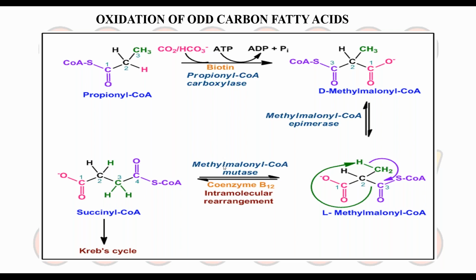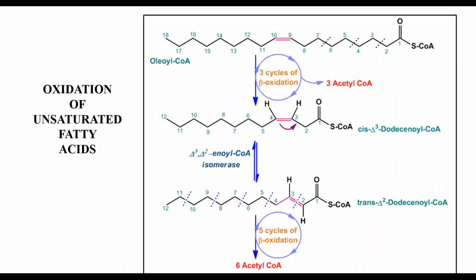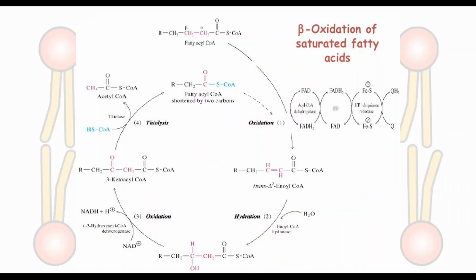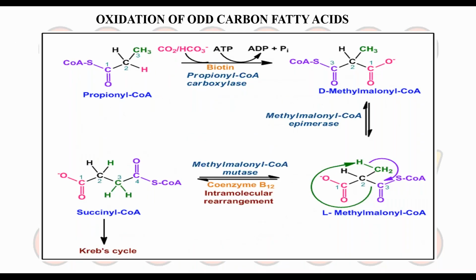This succinyl CoA now can enter the Krebs cycle to give you energy. So like in the beta oxidation of saturated fatty acids containing an even number of carbon atoms, in the end you will get acetyl CoA which is going to enter the TCA cycle. In case there are an odd number of carbon atoms present in the fatty acid, then till propionyl CoA is formed, you are going to get acetyl CoA which is going to enter the TCA cycle.